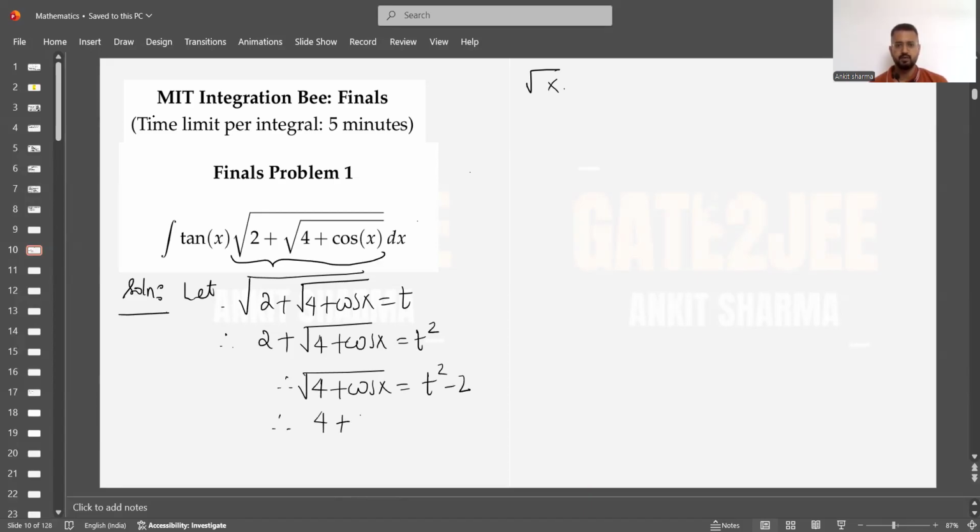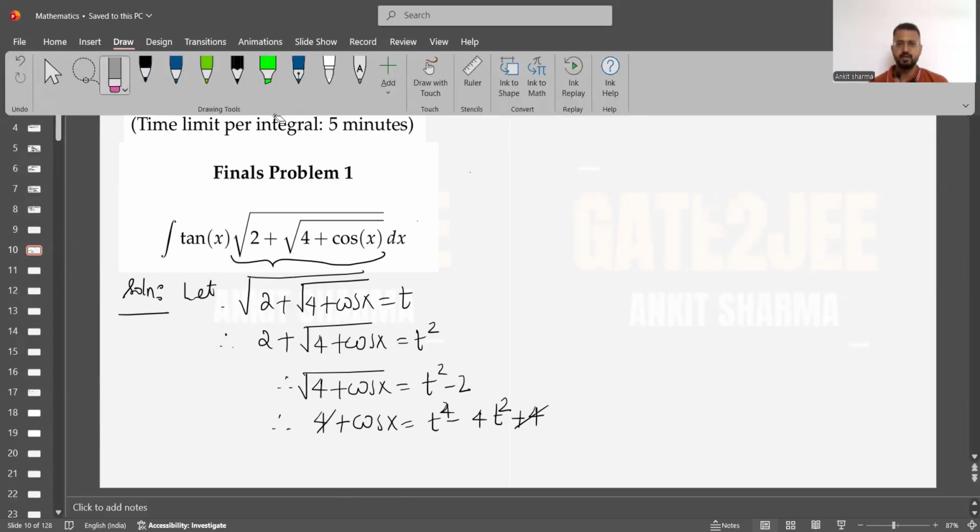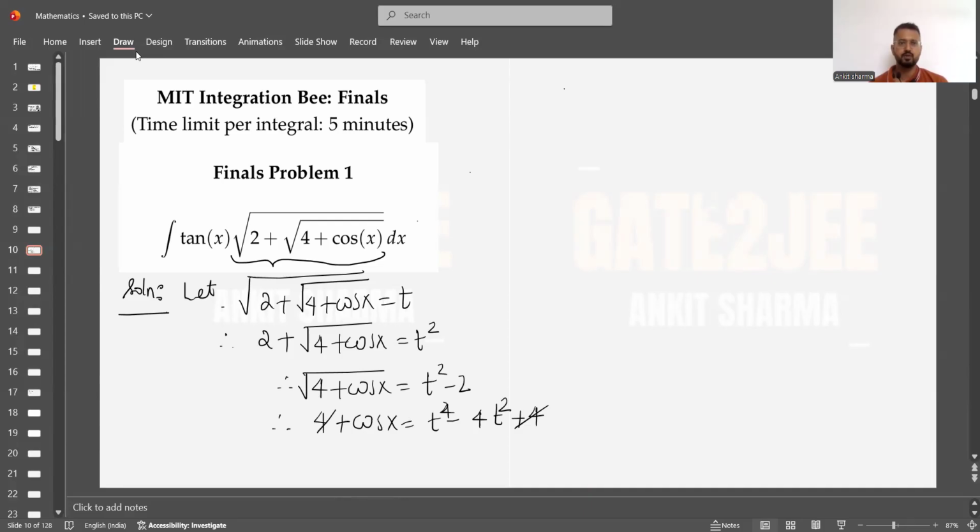So I'll be having 4 plus cos x is equal to t power 4 minus 4t square plus 4. And here this 4 and this 4 get cancelled. So we are left with cos x is equal to t power 4 minus 4t square.